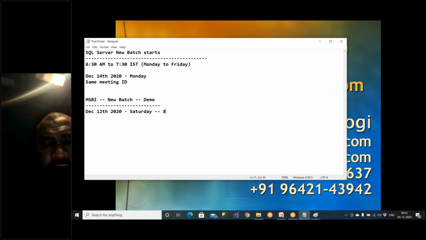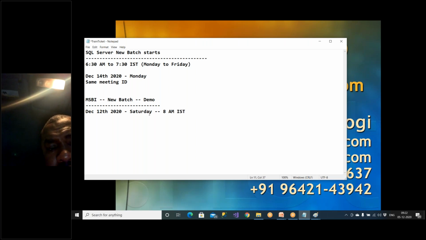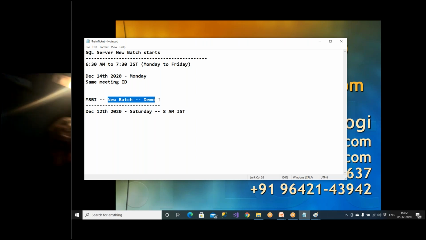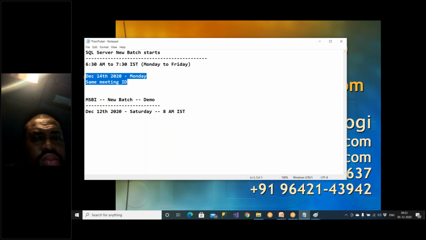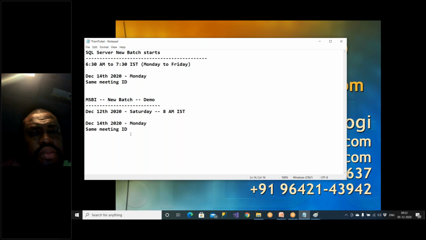We will give you the meeting ID. If you want it, just ping me, and the new batch demo will be there. From the 14th onwards, the regular classes are going to start for MSBI, from Monday at the same time. So these are the new batches for you guys.